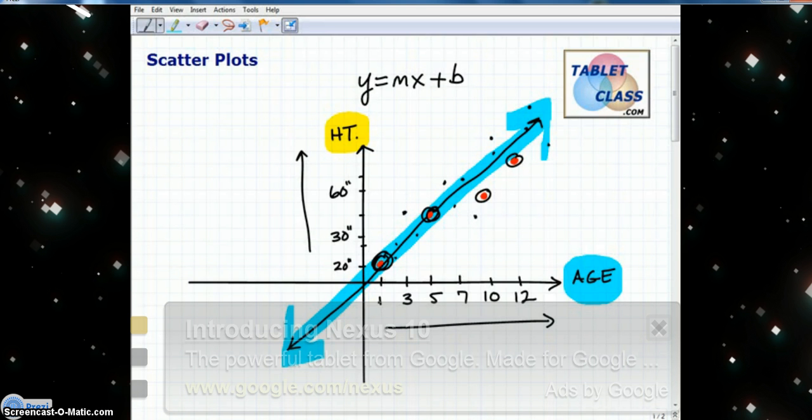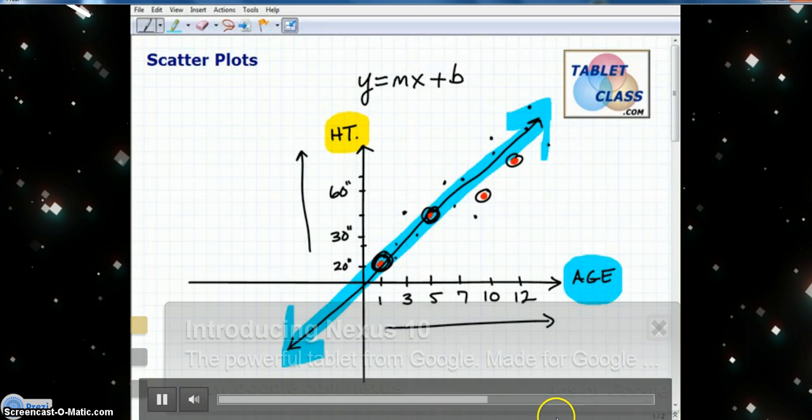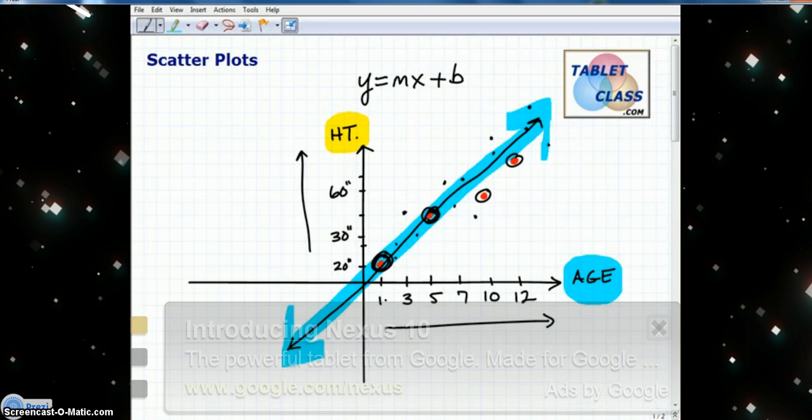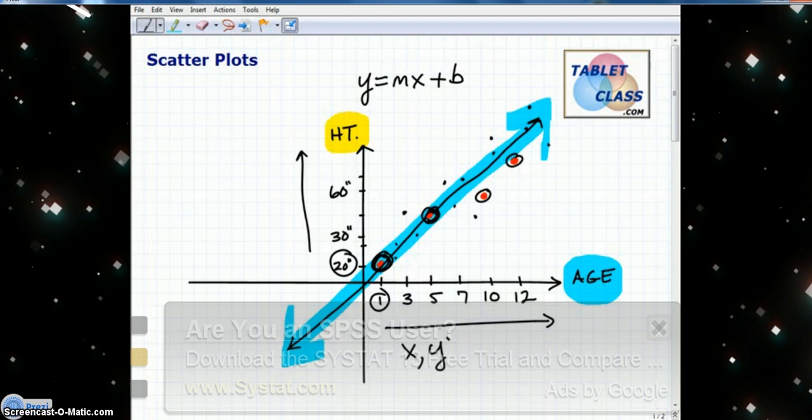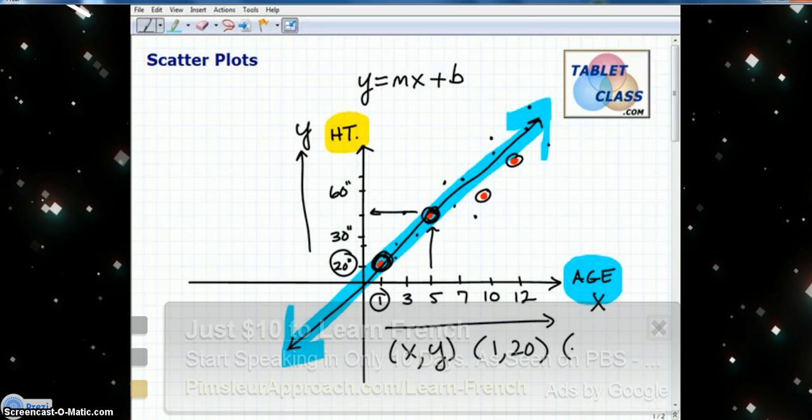So let's suppose I pick this point and this point right here. Here we don't have x, we have age, and we don't have y, we have height. So this would be like 120. I would use that point. Then I would use maybe this point right here, 5, and let's call that 40. So 5, 40.